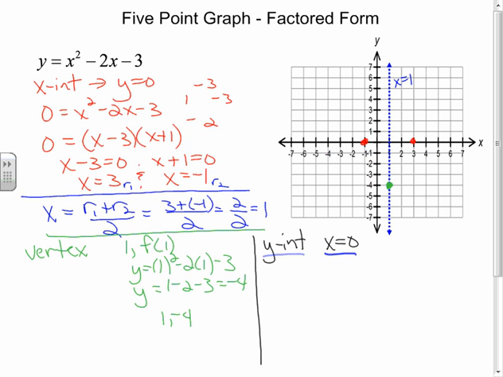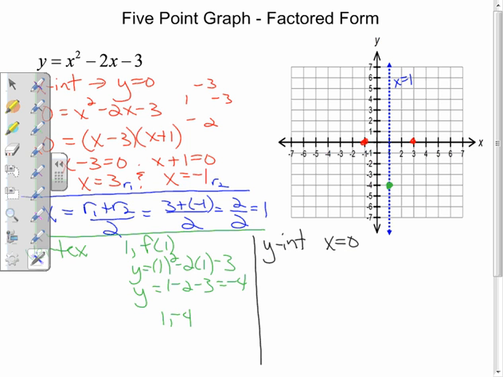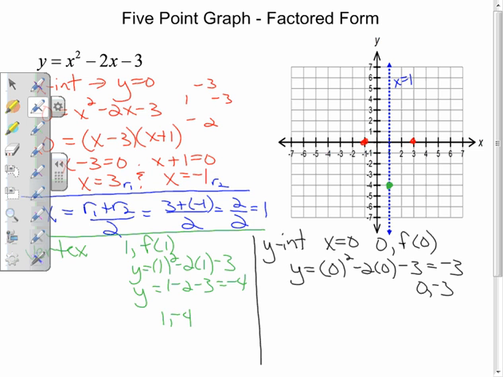Well, again, if I know x is 0, I could find y by doing f at 0, which just means to plug it in. So I'm going to get y equals 0 squared minus 2 times 0 minus 3, which is going to give me negative 3. So my y-intercept is 0, negative 3, and I'll graph that.